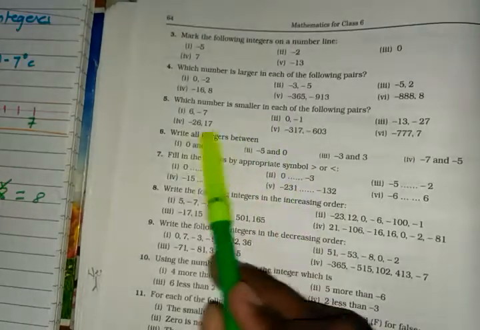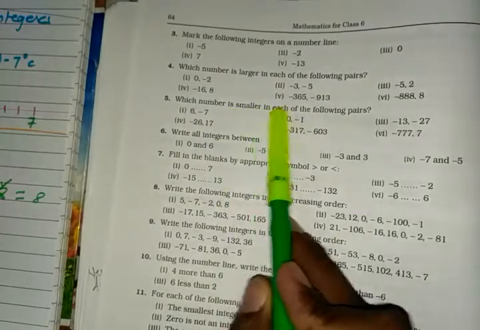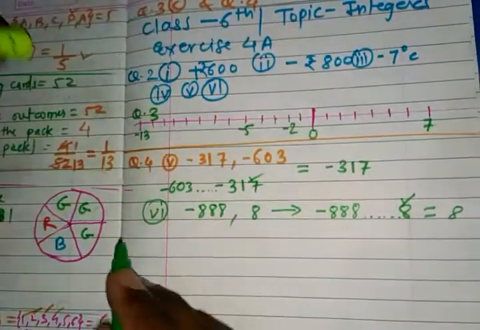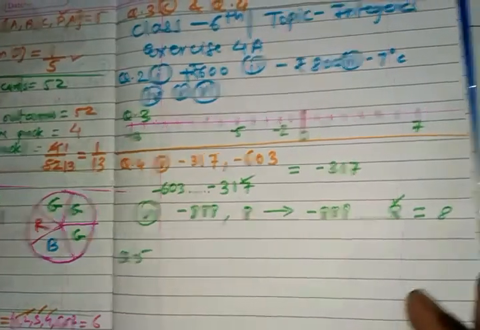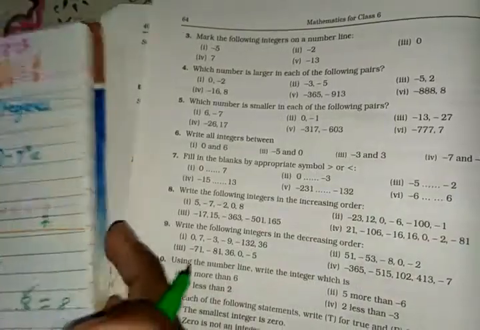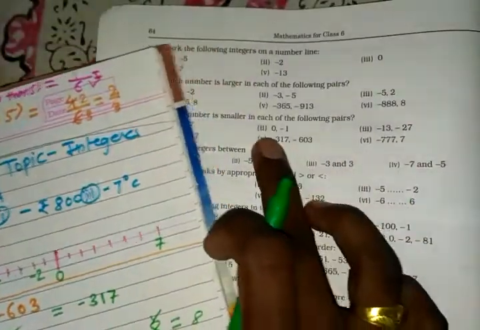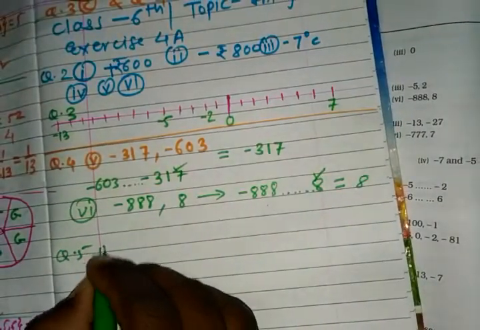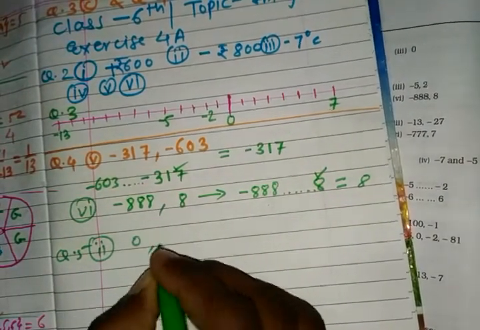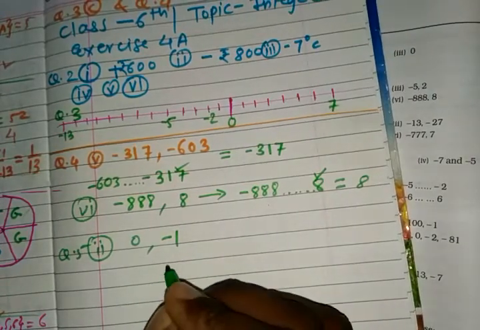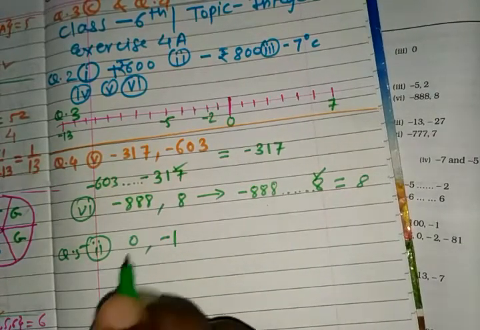Similarly, question number 5 is there: which number is smaller in each of the following. So let's see question number 5. Let's take the second example, that is 0 and minus 1. So 0 comma minus 1. Now we have to find the smaller number, so we have to think about which number is lying to the left.